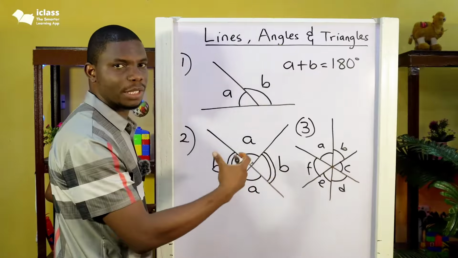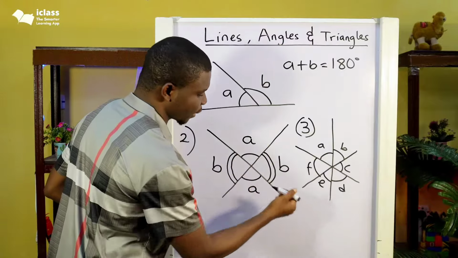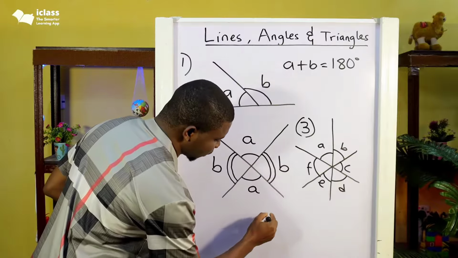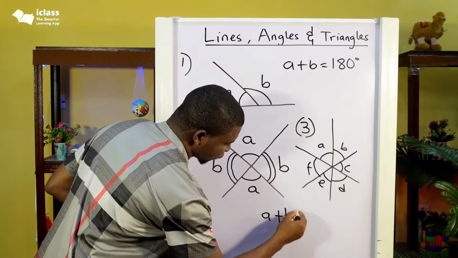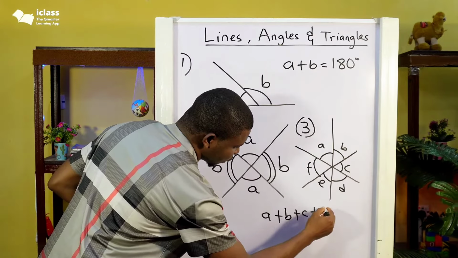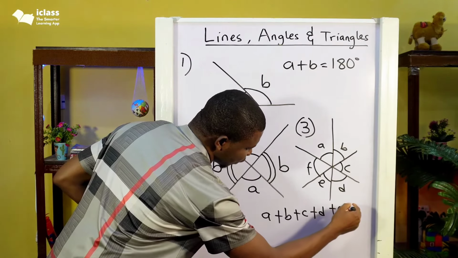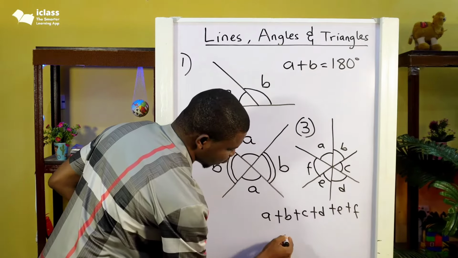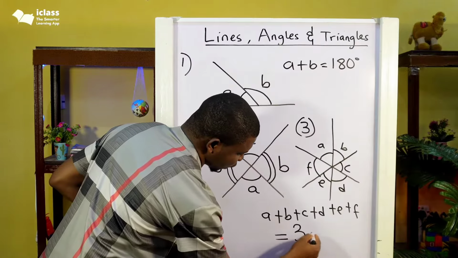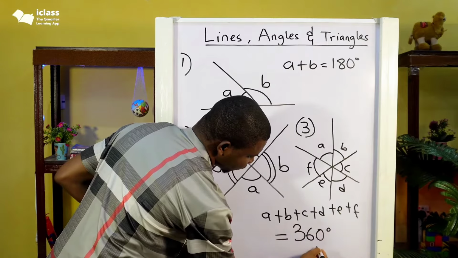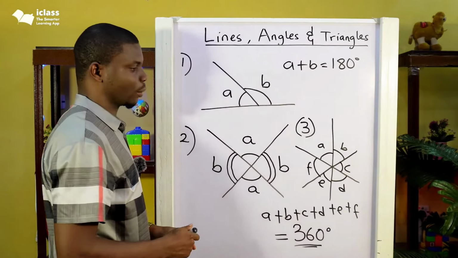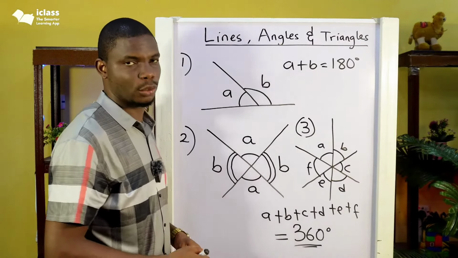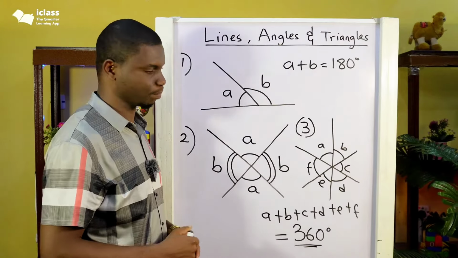When you sum up all the angles at a point, you get 360. That means A plus B plus C plus D plus E plus F is equal to what? 360 degrees. So always the sum of angles at a point is equal to 360 degrees.